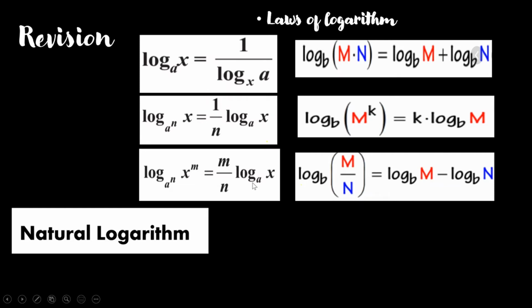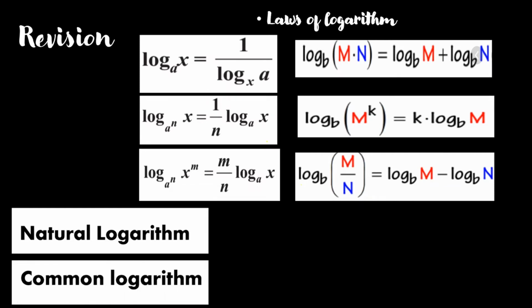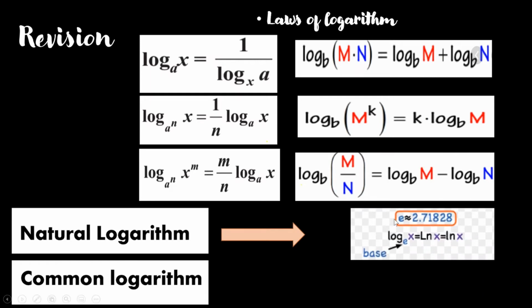We also saw the difference between natural logarithm and common logarithm. Natural logarithm means the base has to be e. e is a constant, just like pi. Pi is 3.14, a mathematical constant. Similarly, e is also an exponential constant, approximately 2.718 and so on.